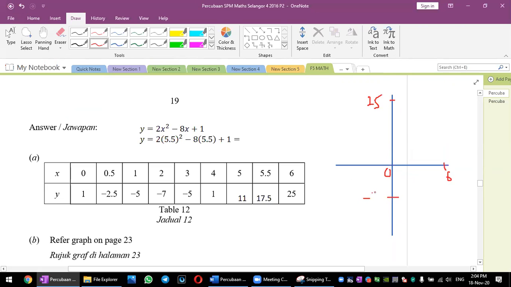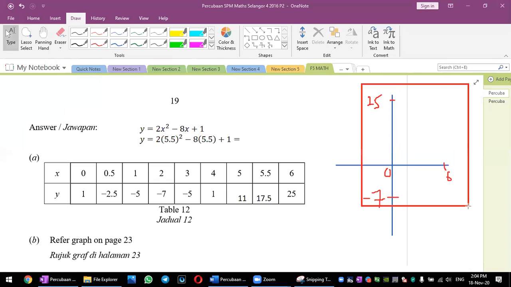So you know that I just need to leave around 2 cm for the bottom, and the rest you can leave for the y. So roughly your graph paper is like this. Your center is at the left and bottom, kiri, bawah sikit, tapi jangan bawa sampai habis sebab ada negatif 7.